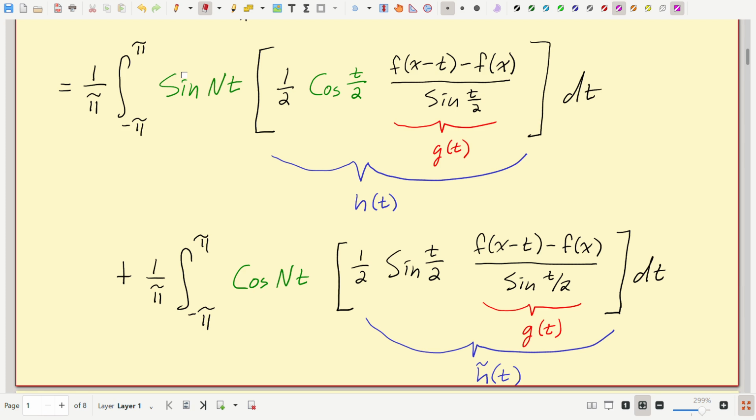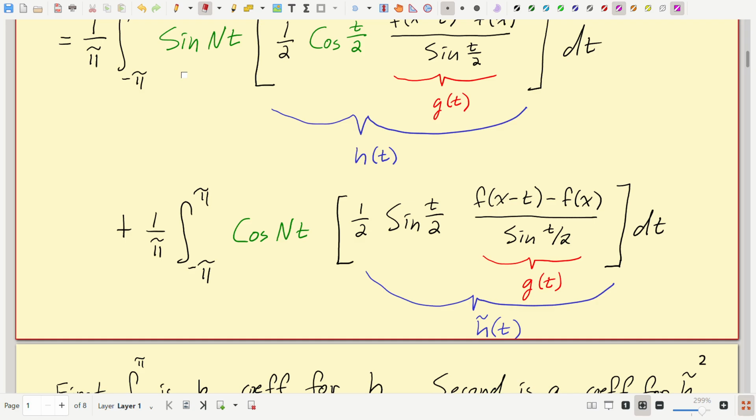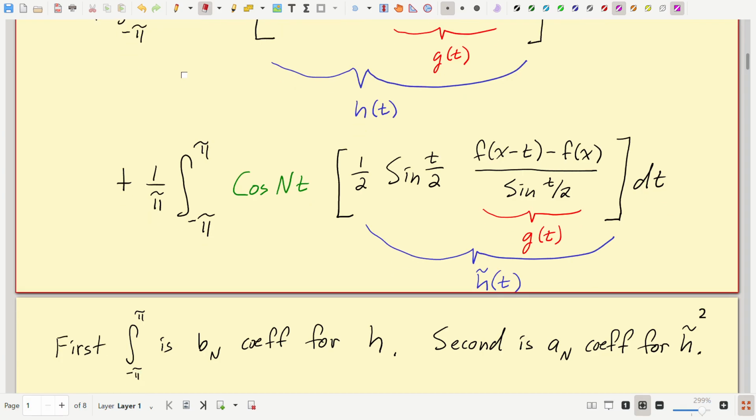So that's how we deduce that that term is going to go to 0. And then the second one is the cosine term, for a slightly different, even nicer function, which I'll call h twiddle. So the first integral is the b_n coefficient for h, and the second is the a_n, the cosine coefficient for h twiddle.